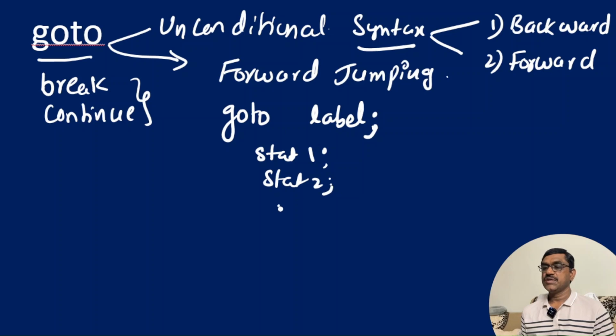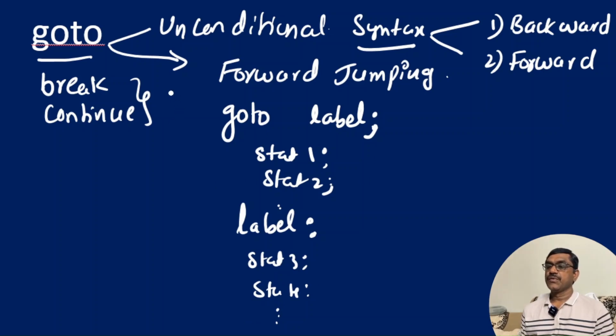Now after this, we have the label. Here you put a colon, and here we have statement 3, statement 4, and so on.